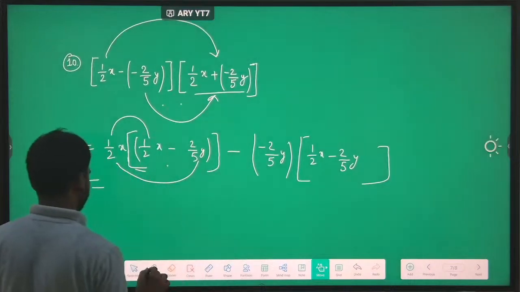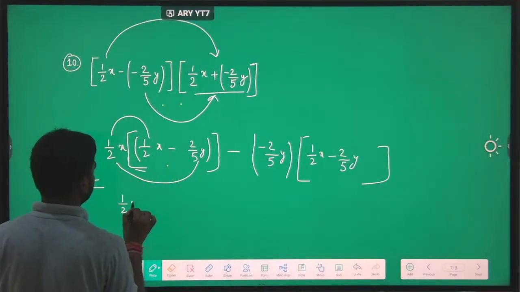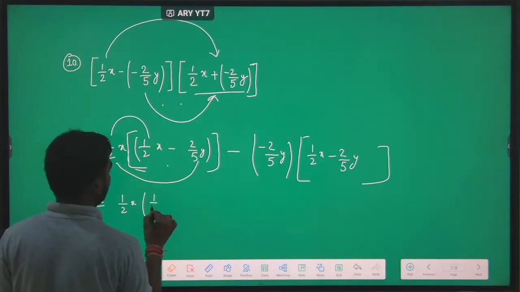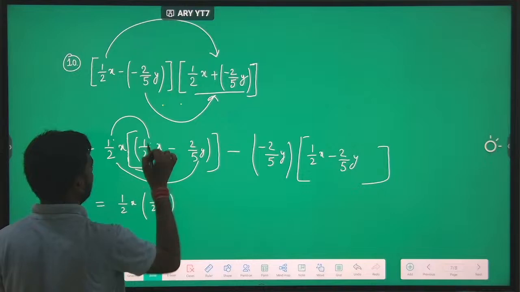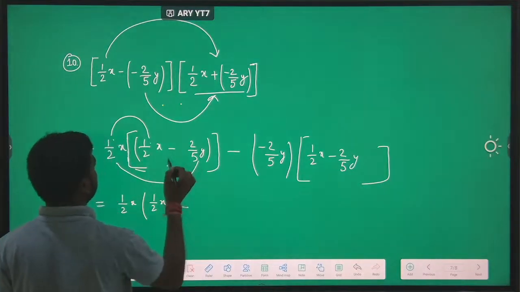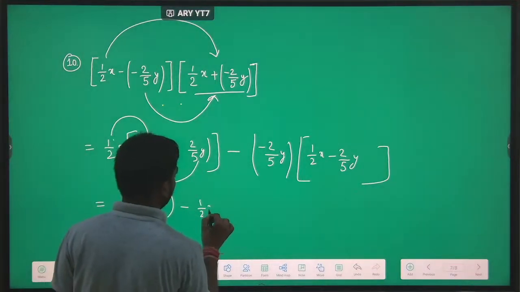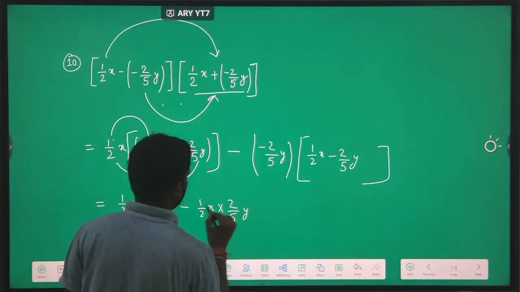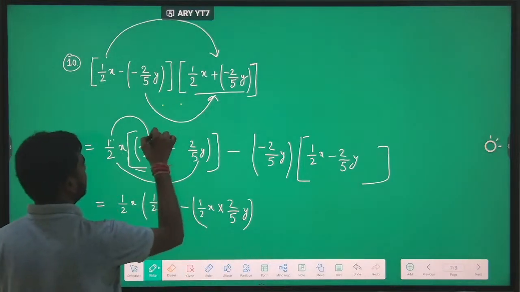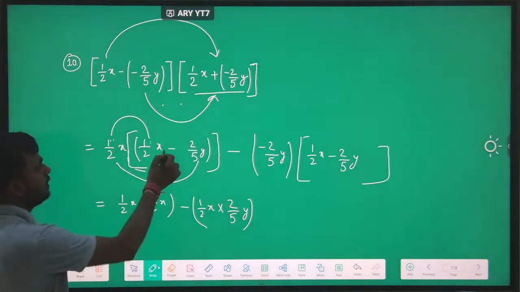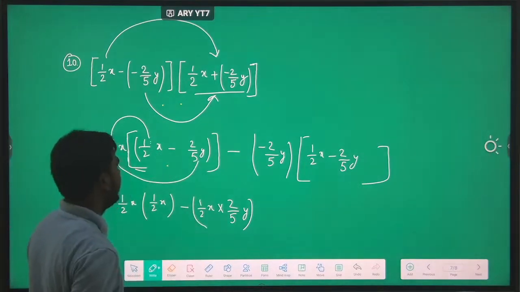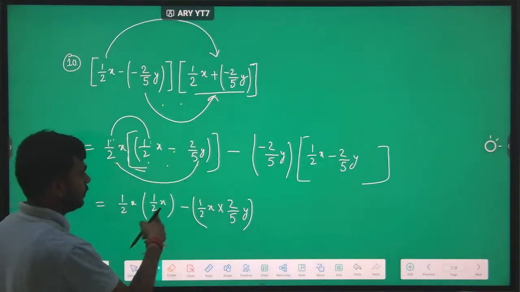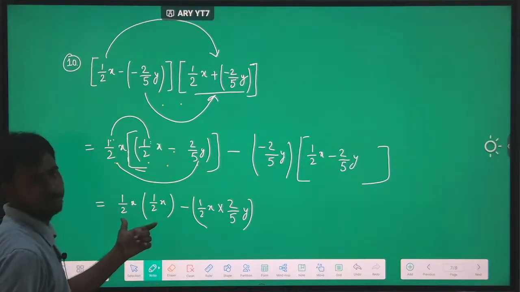We will get 1 by 2x multiplied with 1 by 2x, minus 1 by 2x multiplied with this 2 by 5y. We have multiplied this with this first, and after that with this symbol we have multiplied this with this. A into B minus C is A into B minus A into C. I have done this. Okay.